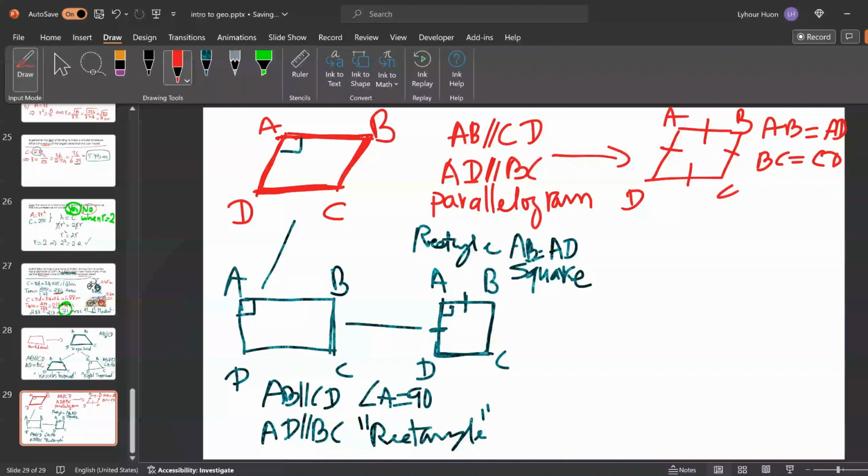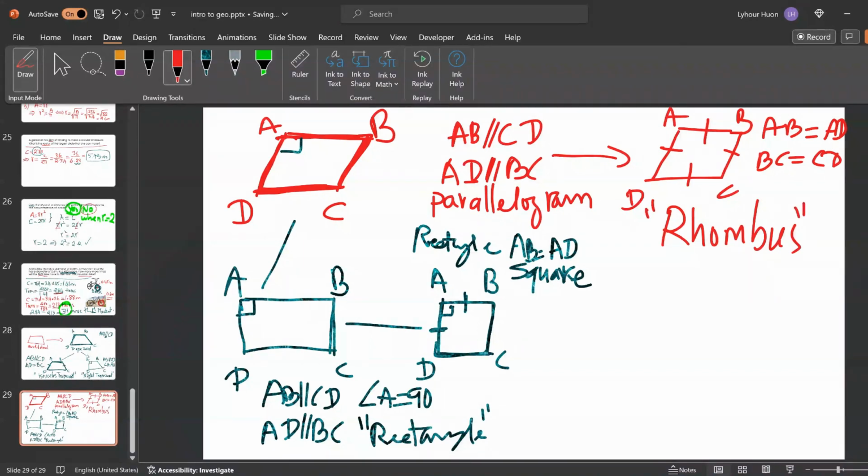Isn't one of those a rhombus? Yes, it's called a rhombus. Okay, that's called a rhombus.